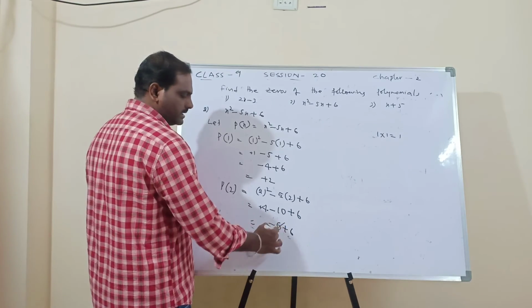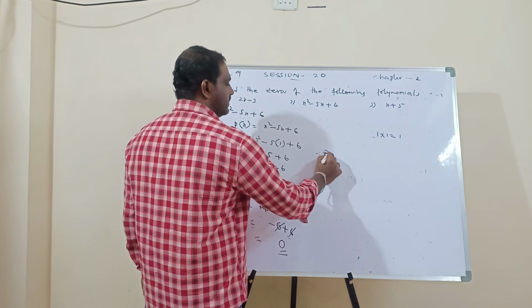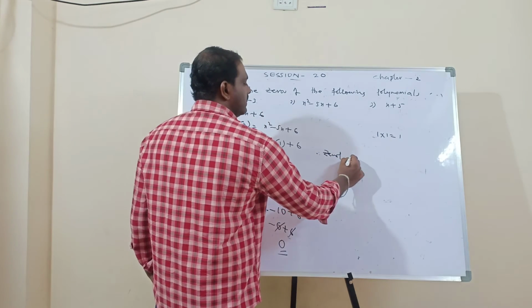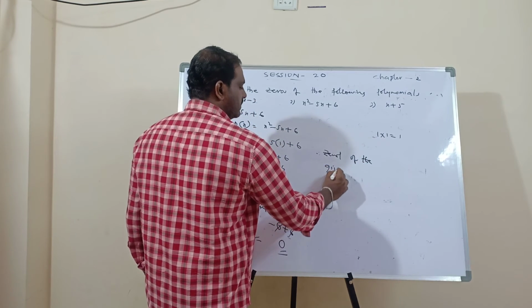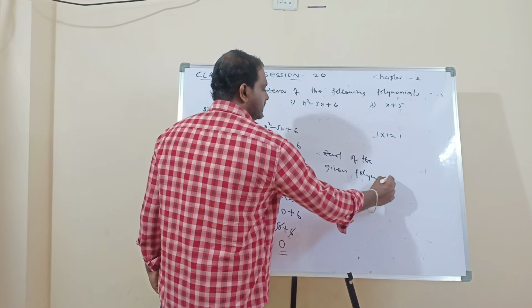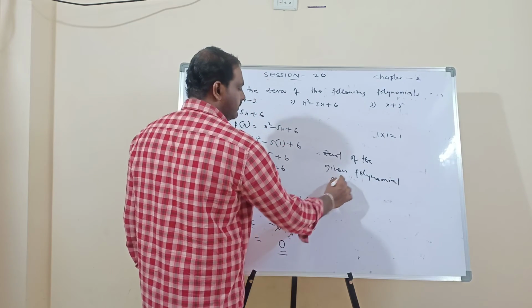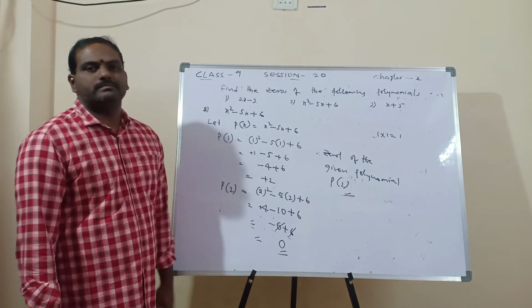What is minus 6 plus 6? Both will cancel, the answer is 0. So therefore the 0 of the given polynomial is how much? P of 2. P of 2, that's all.